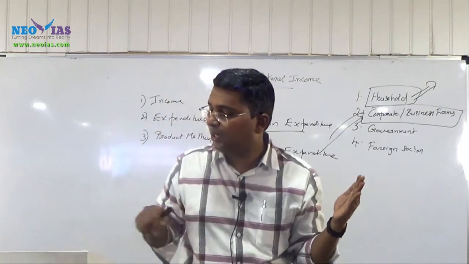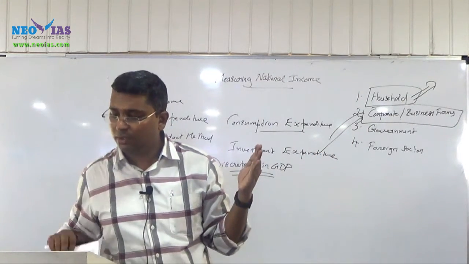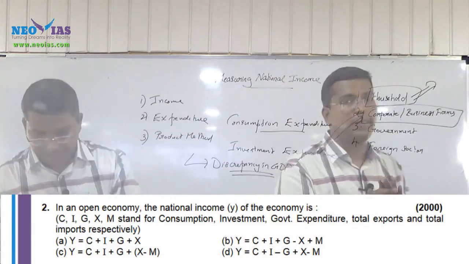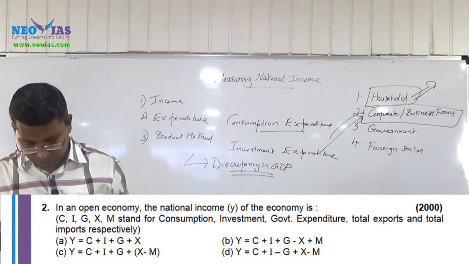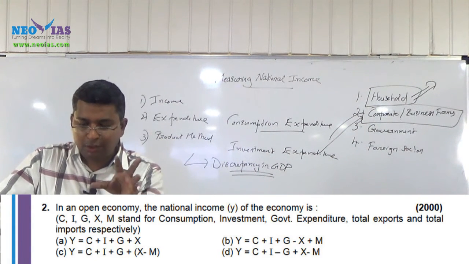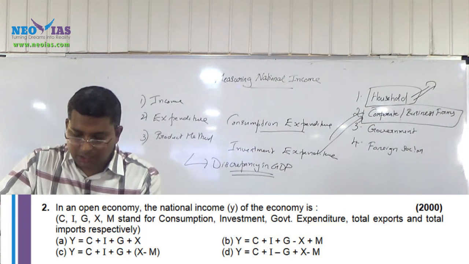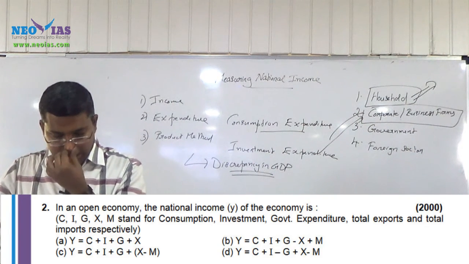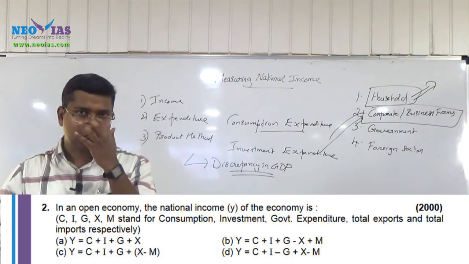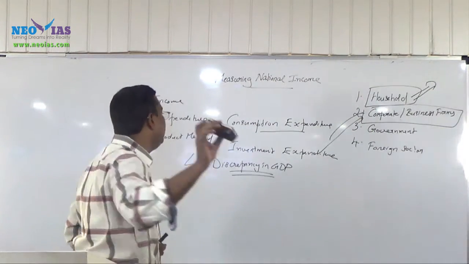And there is a question related to this: take module 3, question number 2. What is the answer? Y equals C plus I plus G plus exports minus imports, where C is consumption expenditure, I is investment expenditure, G is government expenditure, plus total exports minus total imports. Now here, okay, that you have an idea.